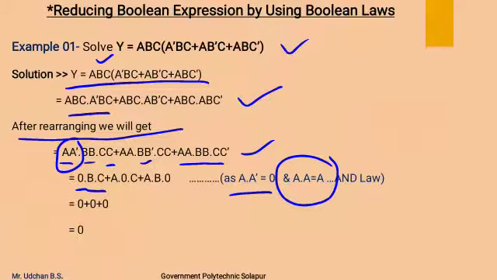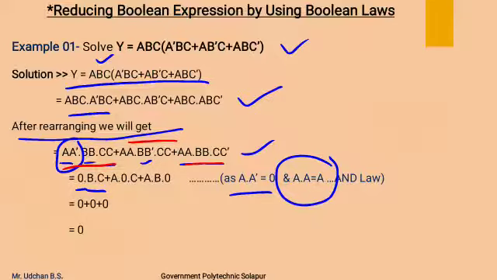So this whole term gets reduced to 0 into b into c. Similarly, this term is reduced to a into 0 into c, and in the same way this term gets reduced to a into b into c.